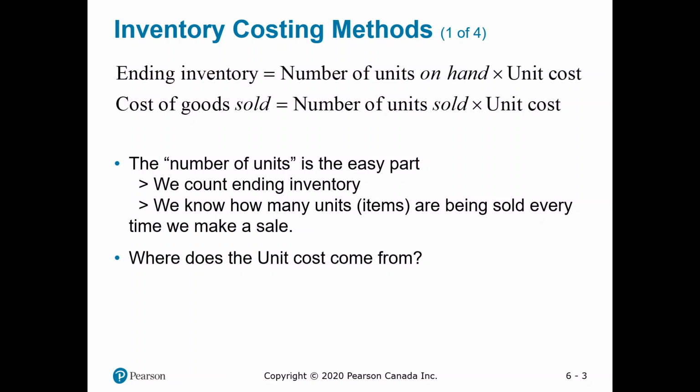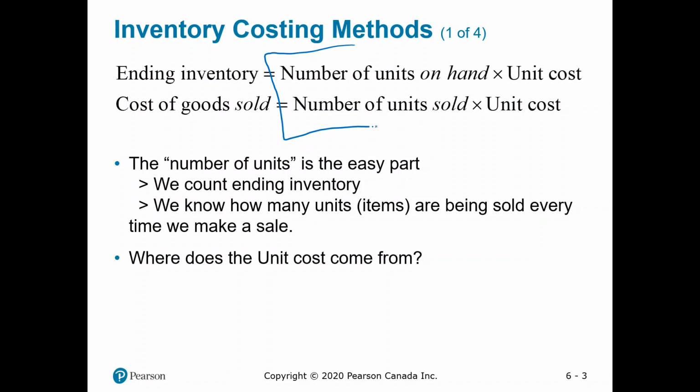In Chapter 5, and just in general, we discussed knowing the value of inventory. And we said that under both perpetual and periodic, at the end of the year, we would always do an inventory count.